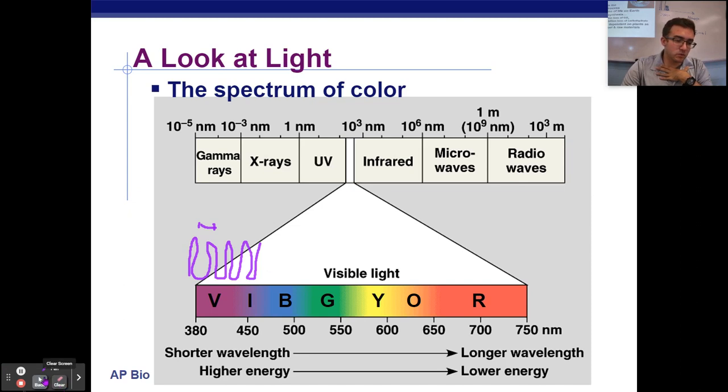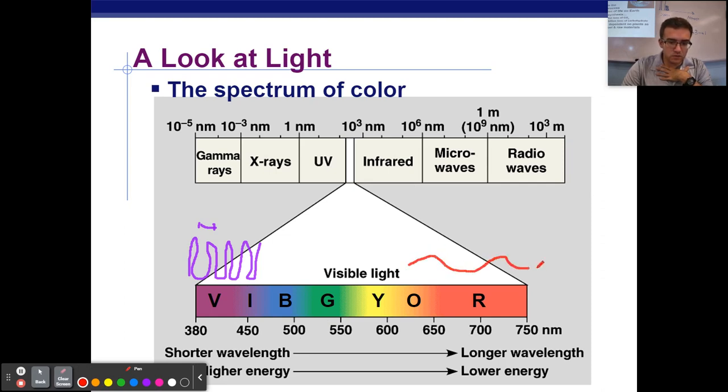As we proceed to the right, the wave gets bigger, but we also have lower energy. The waves shift to a longer wavelength and lower energy. So red has less energy than violet or blue does.